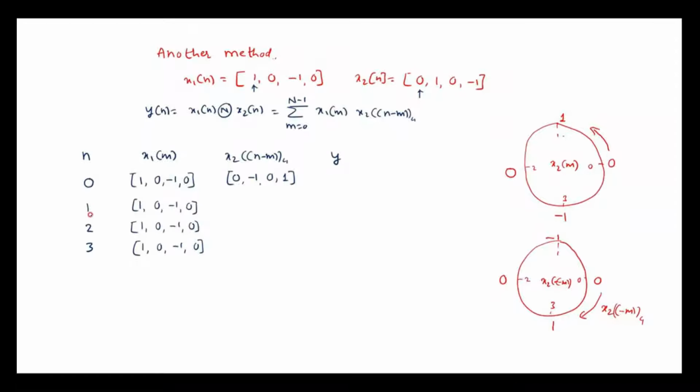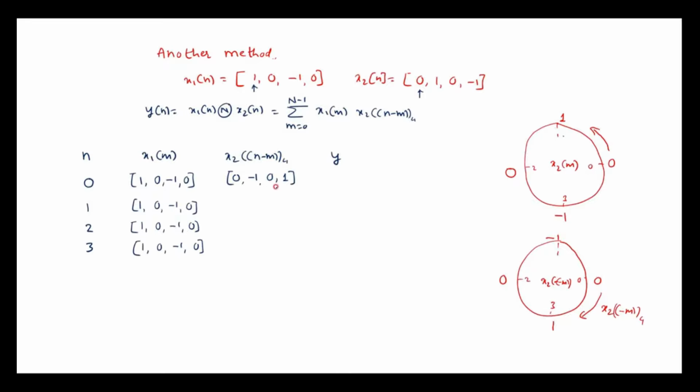Now for n equal to 1, this value will be x2 of 1 minus m, circularly shifted by 4. It means that x2 of 1 minus m is nothing but the x2 of minus m sequence shifted by 1 unit towards the right.